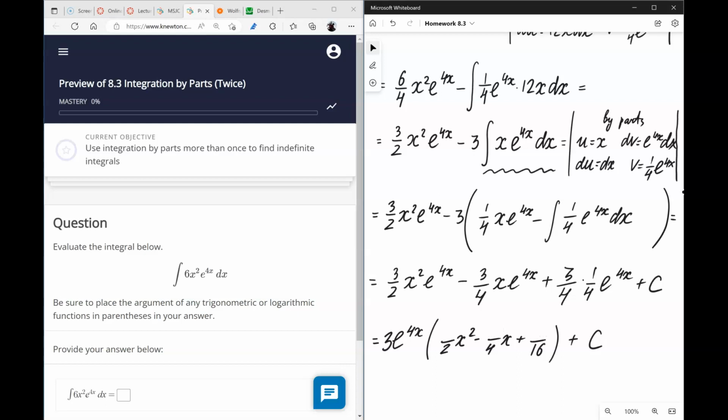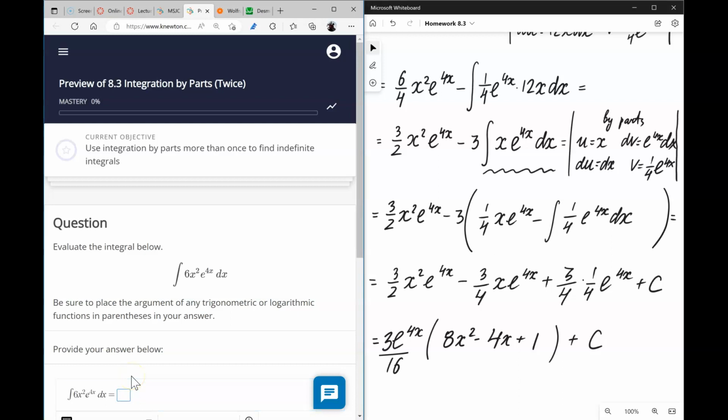Without too much effort. But since we're doing this, let's just take out 16 in the denominator. So that will leave us with 8x squared, 4x, and 1 over here. So that's the final answer.